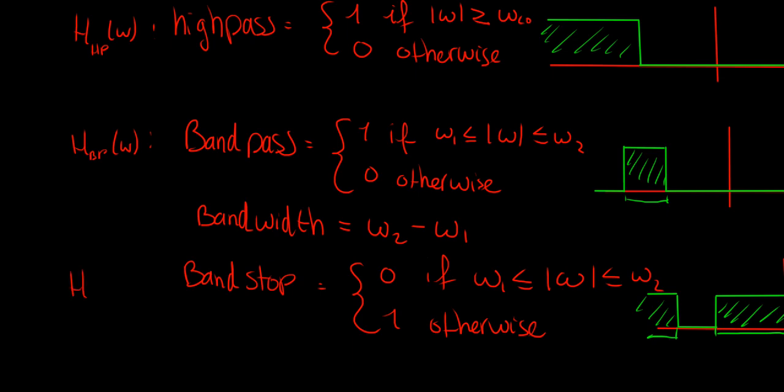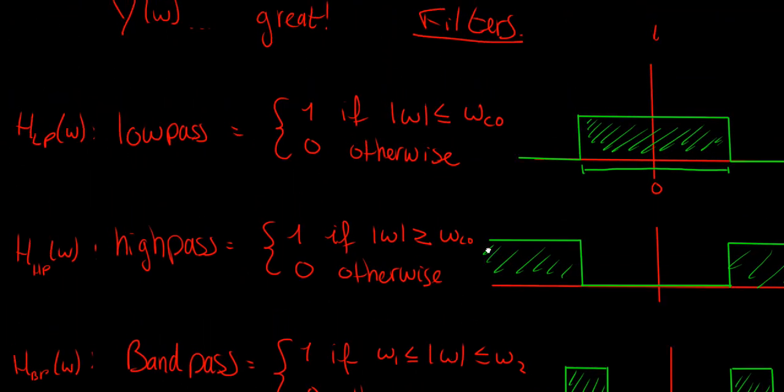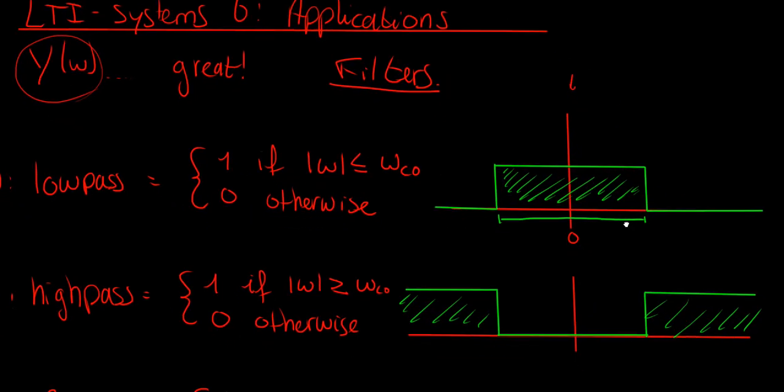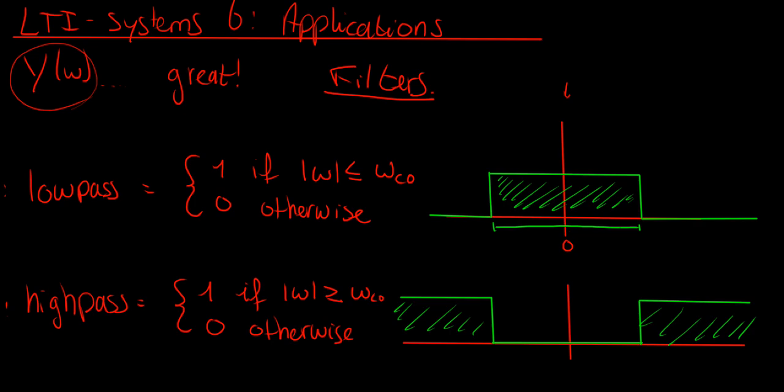These are the functions usually associated with these filters, and they are usually used after you have calculated your Y of omega. But you can also interpret them as systems themselves, where they apply a certain translation to a function that's put into them, because you're just removing the frequencies that are too high or too low.